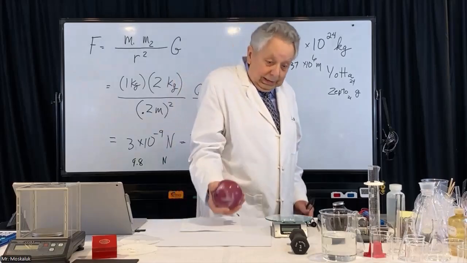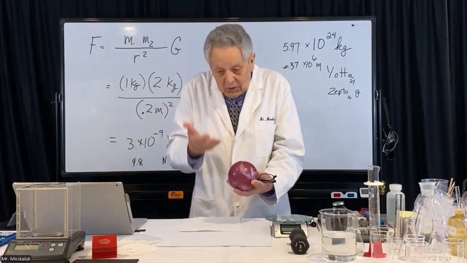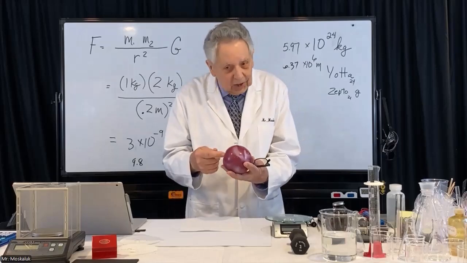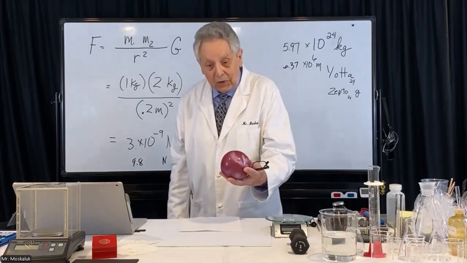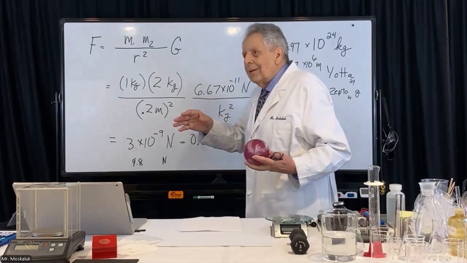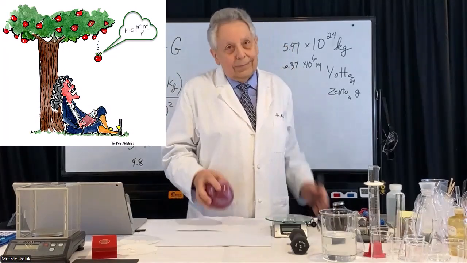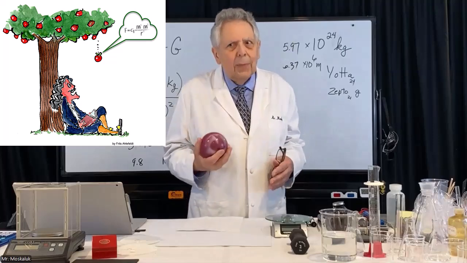So the reason lifting this is hard is because this has mass and the Earth has mass. And that's the attraction. You can have an equation that explains why things fall. The apple will come up a little bit later again.